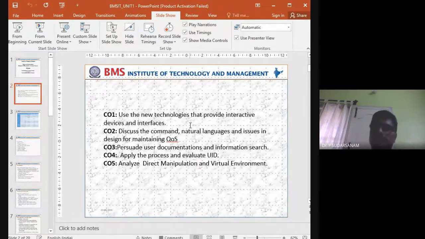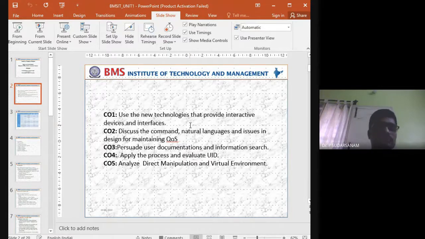Course objectives are what we will be learning, and once the subject is completed, the course outcomes are what you will be able to do.